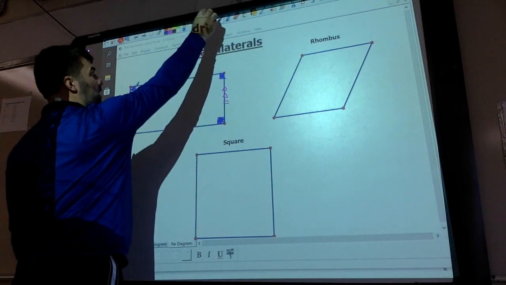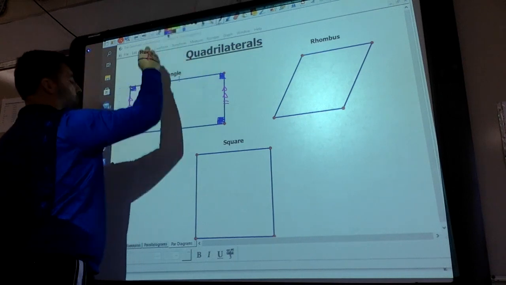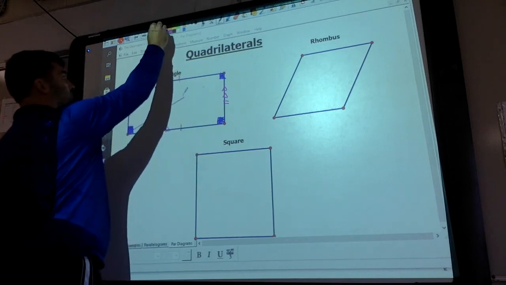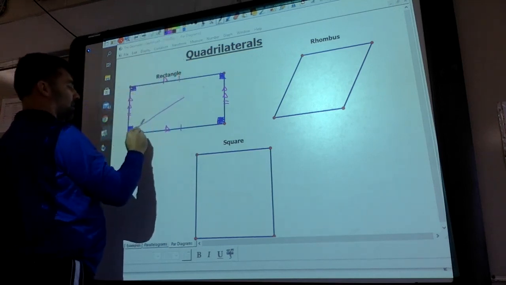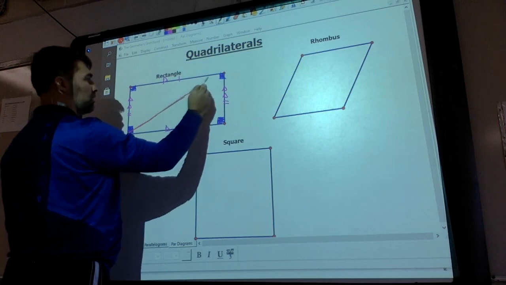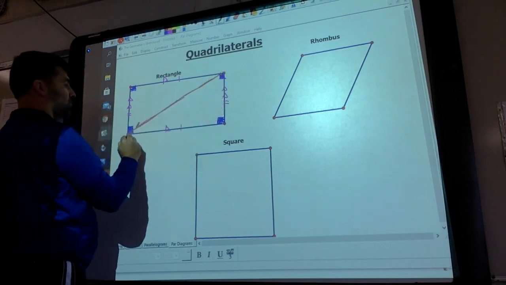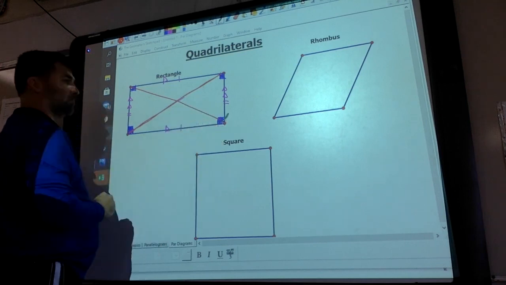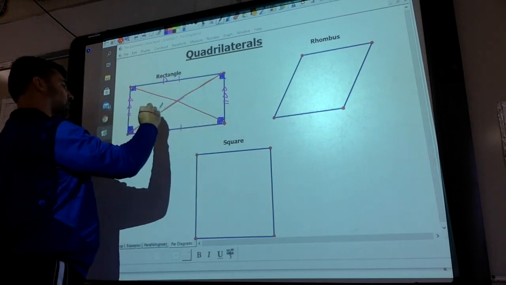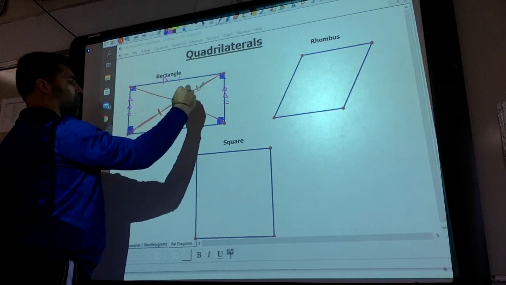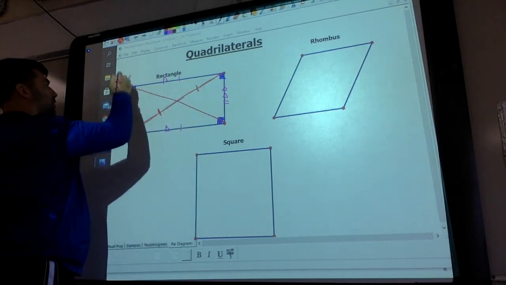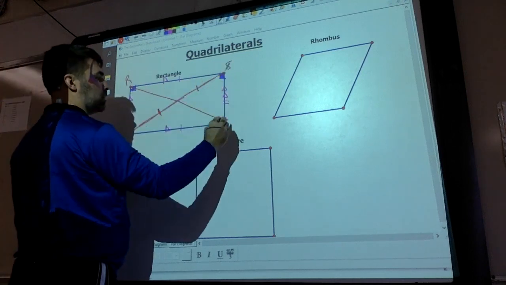All right, and then we have a diagonal property that says diagonals bisect each other. So a rectangle diagram would look like this. That red diagonal would bisect this. So you would have that the same as that. Okay, if we put letters here, we'll put letters here. Go RSTU.